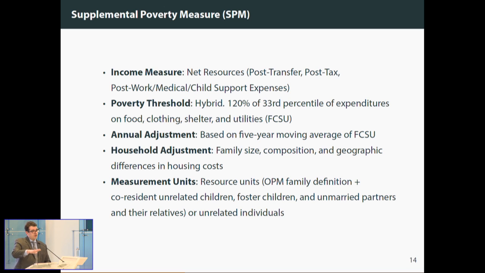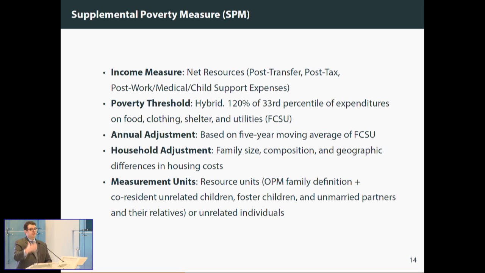The other side of that coin, the way that we measure poverty threshold, we've ditched the entire idea of this minimum food budget-based poverty threshold, and now we're looking at the 33rd percentile of annual expenditures on food, clothing, shelter, and utilities, so-called FCSU.